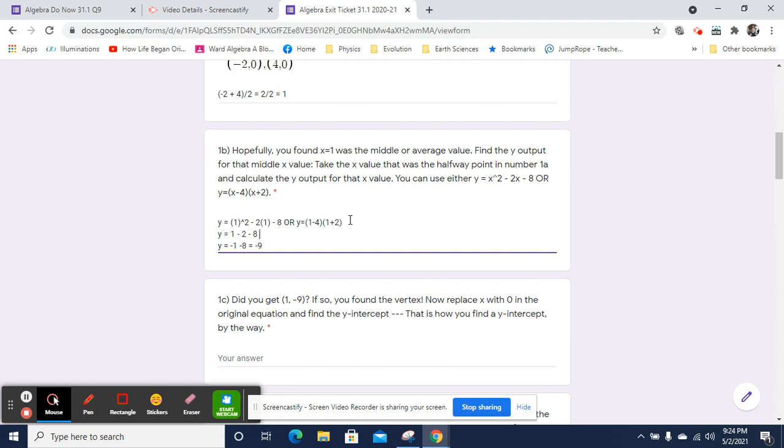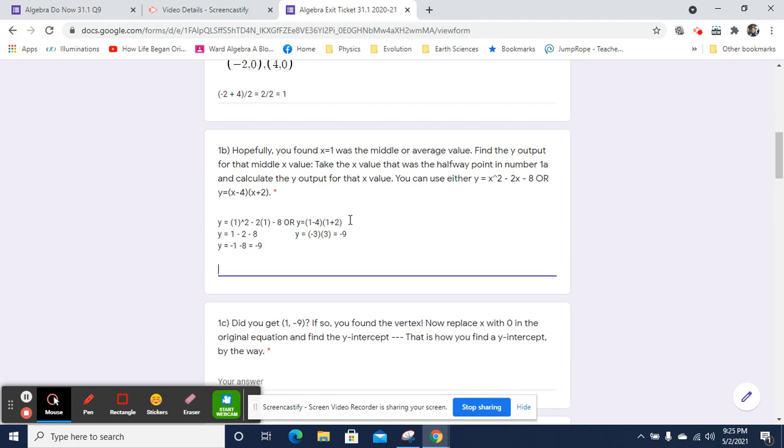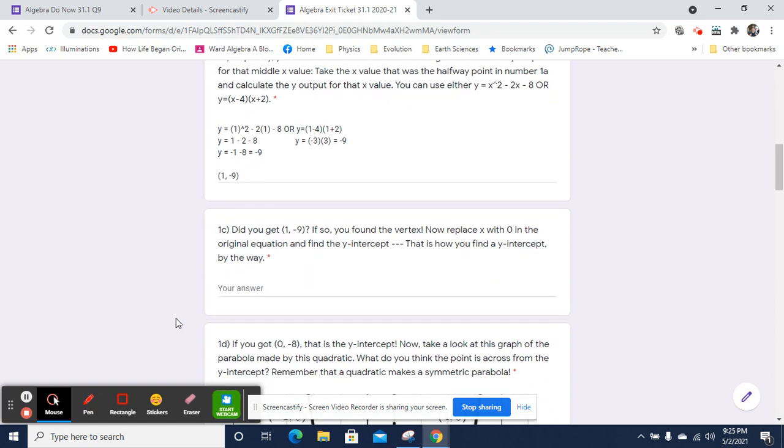On the other hand, we could have gone with this and we'd say y equals, well, 1 minus 4 is -3, and 1 plus 2 is 3, so we would just end up with -9 again. Both times we got -9, so let's plug in that x value of 1 and that y value of -9. So if we got 1, -9, you have found the vertex.